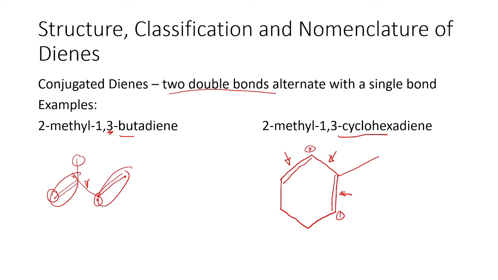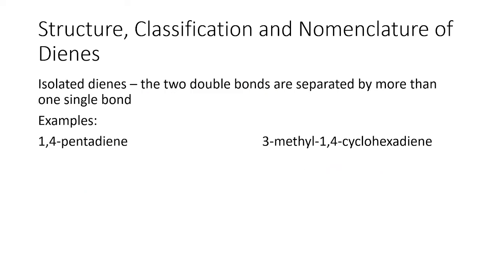Okay, so let's move to the other type of dienes, which we call isolated dienes. Isolated dienes are dienes having two double bonds separated by one or more than one single bond. So I have here an example.